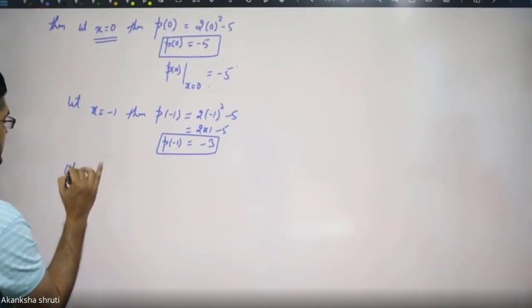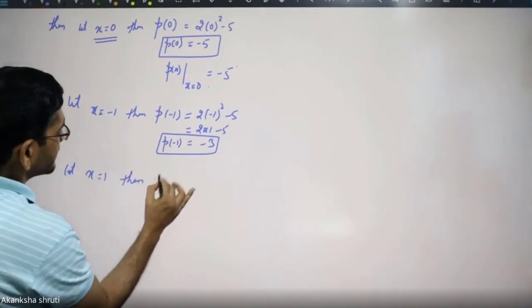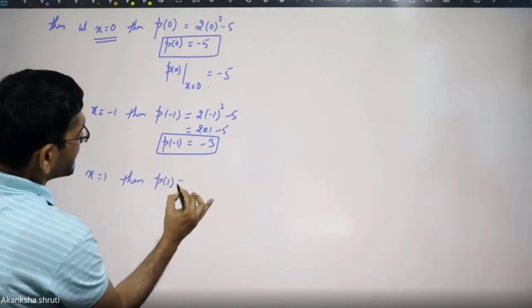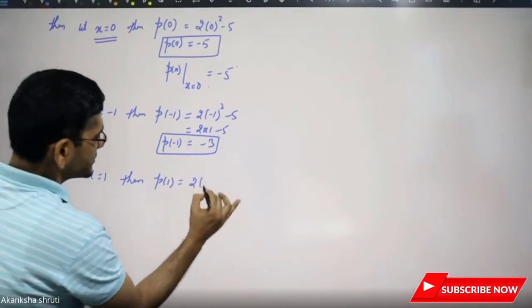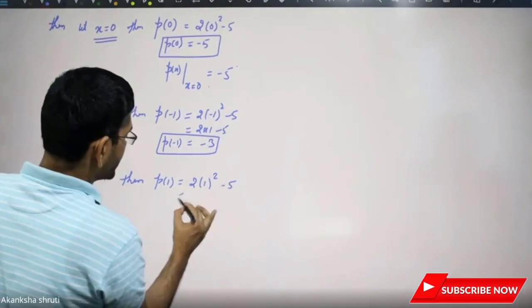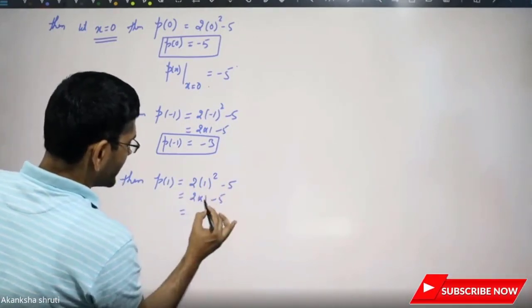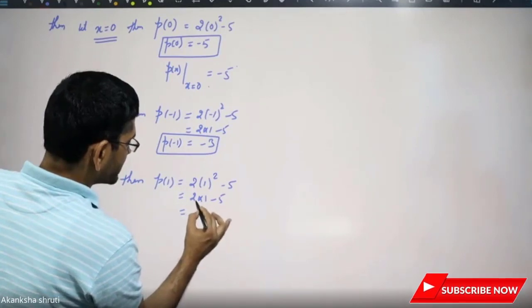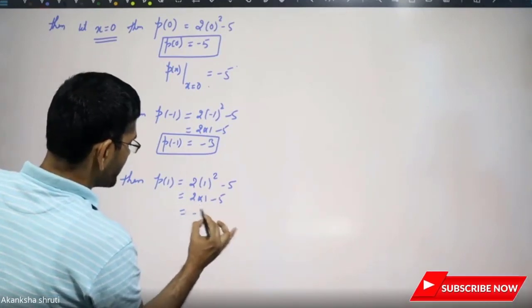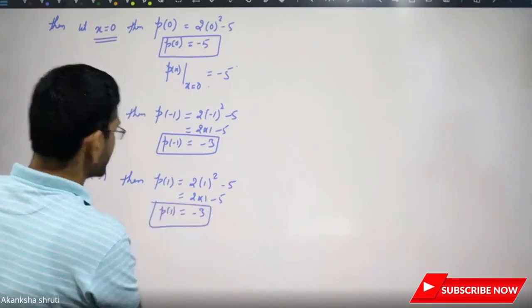Let x equals to 1, then p(1) becomes 2 into 1 square minus 5. Again it is 2 into 1 minus 5, it is 2 minus 5, minus 3. So p(1) is also coming as minus 3.